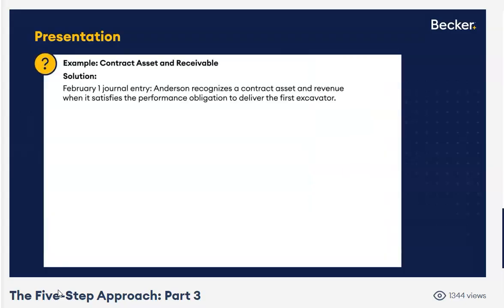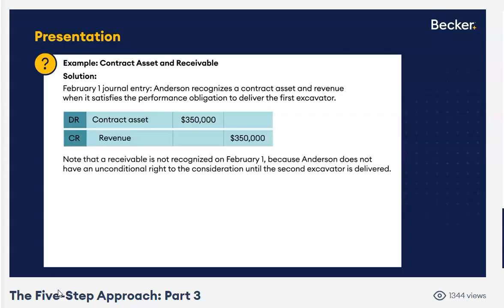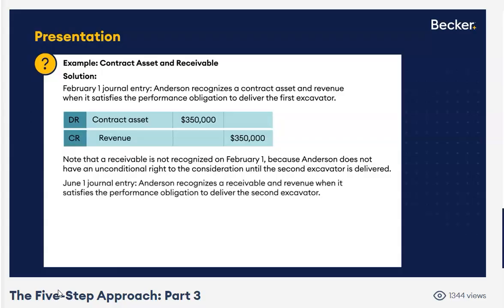Notice, when we deliver the first one, we don't have a receivable, but we do have a contract asset, $350,000. We've delivered something, and we will eventually have the right to get paid. And we credit revenue. So we do show we've earned the money. We just don't have the right to collect it yet. Notice that the receivable has not been recognized. Then in June, when we deliver the second one, we're going to have, in this particular case, a receivable of $700,000.